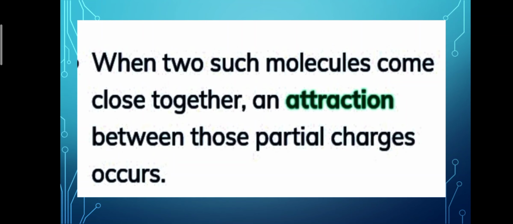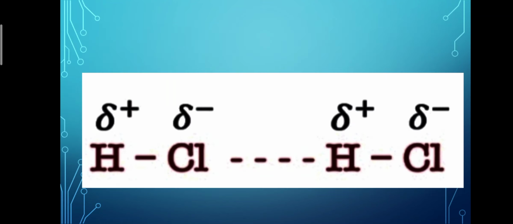When two such molecules come close together, an attraction between those partial charges occurs. Here, two molecules come close together, so an attraction is formed between this partially negative charged chlorine and partially positive charged hydrogen. It is a PD-PD interaction.